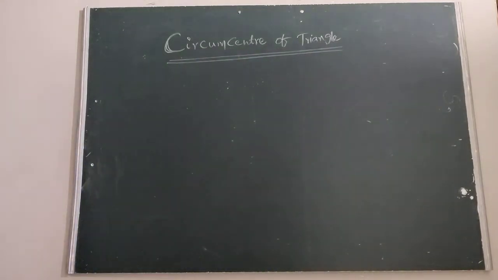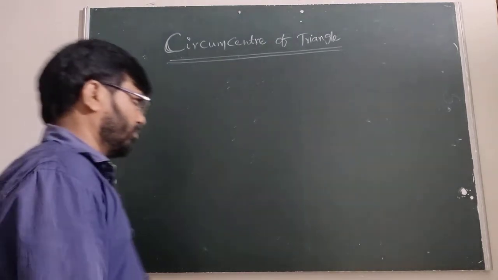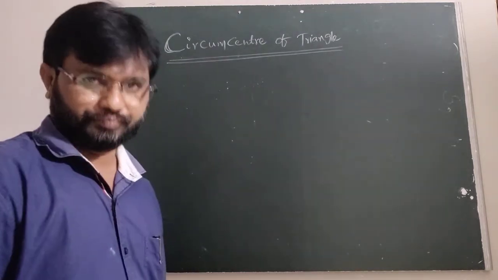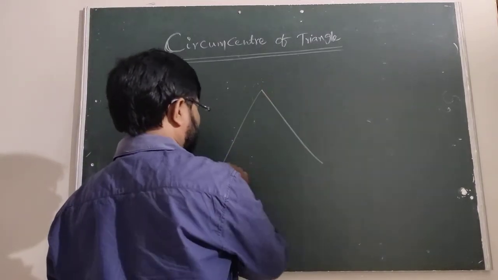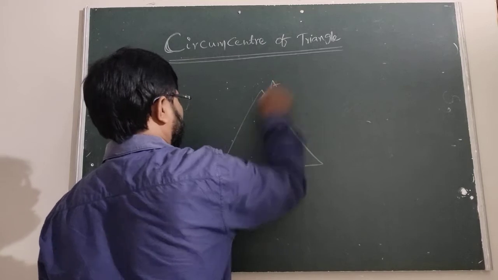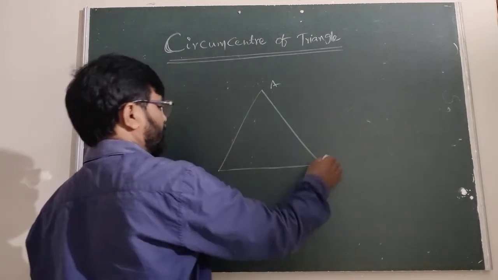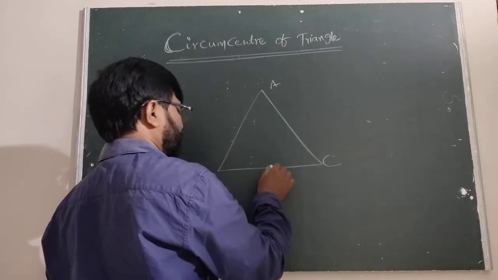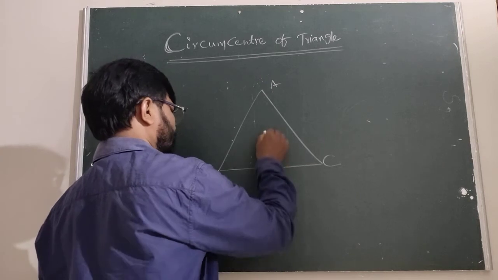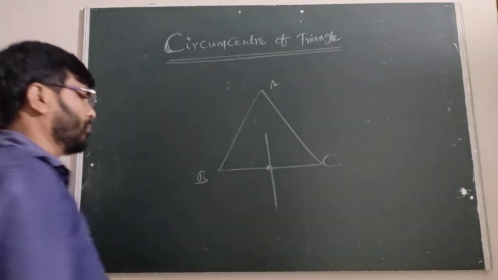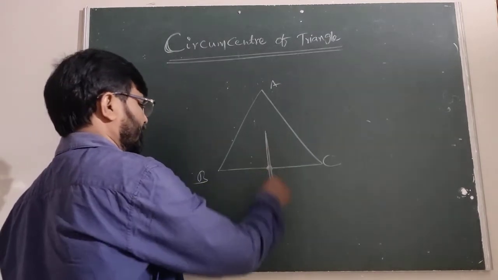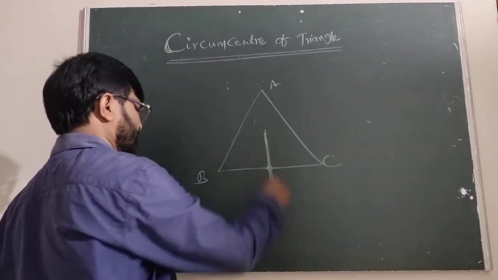For the circumcenter, first we discuss the perpendicular bisector. Now this is triangle ABC. When a line segment passes through the midpoint of the side and is perpendicular to the side, it is called the perpendicular bisector.